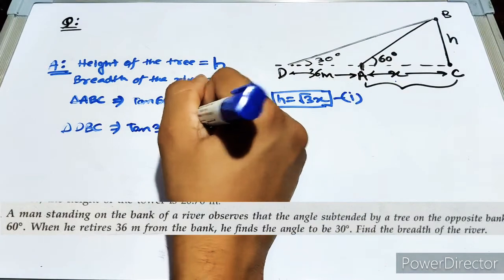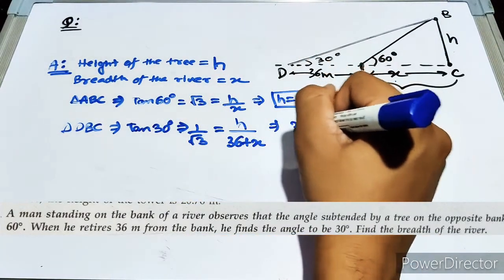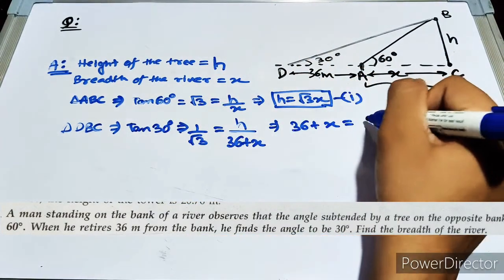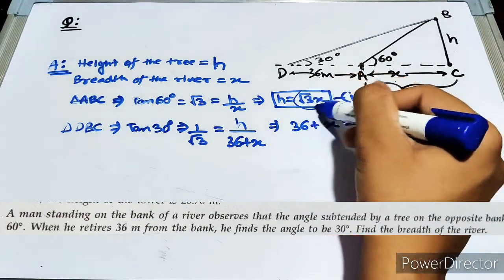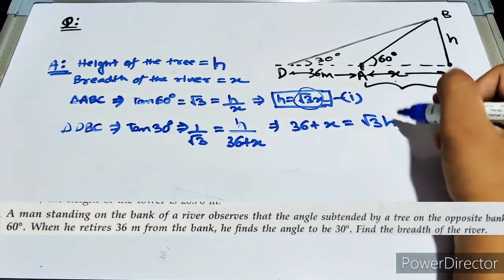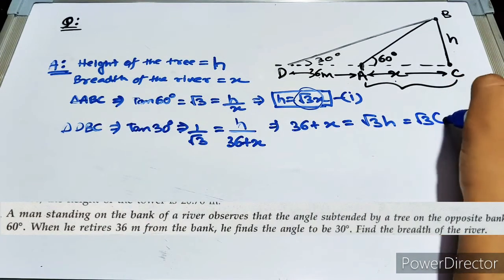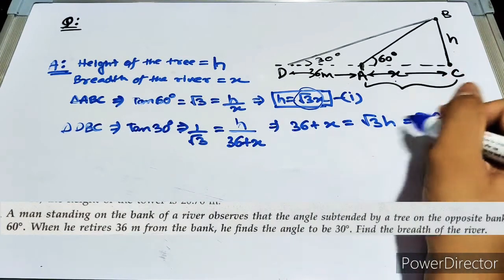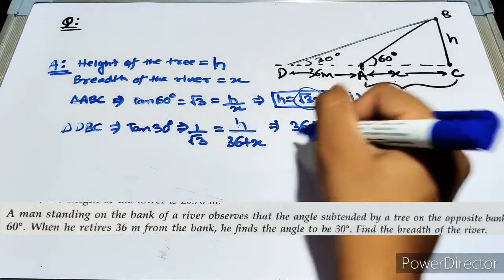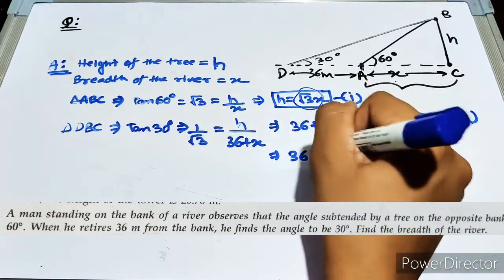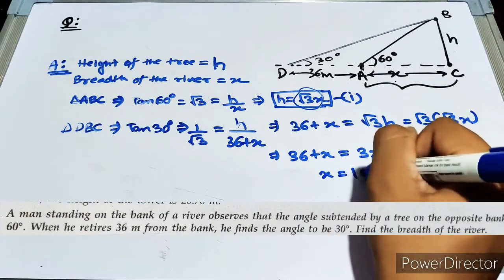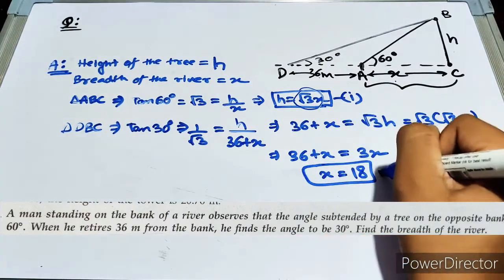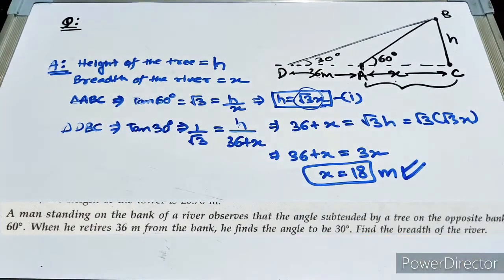So from here we can say that 36 plus x is equals to root 3 of h, and h from the first equation we know is root 3x. We can substitute it here, so it becomes root 3 of x, and this root 3 becomes 3. This implies 36 plus x is equals to 3x, so x is equals to 18 meter. So we can say that 18 meter is the breadth of the river.